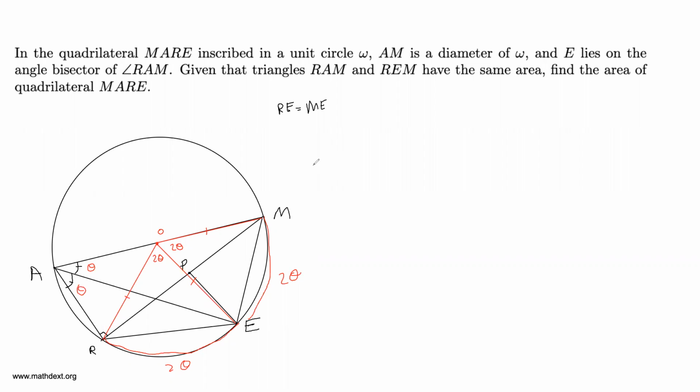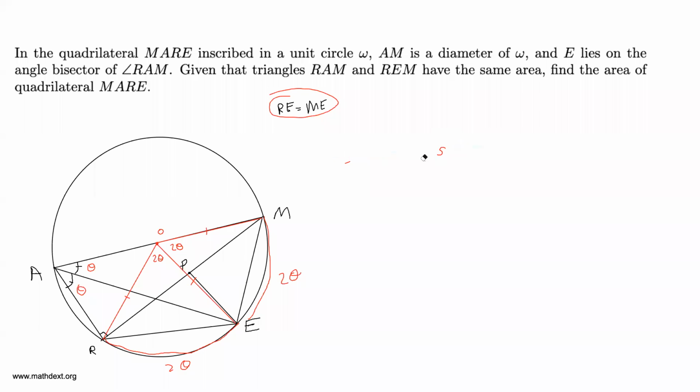And we have a pair of congruent triangles, right? Triangle ROE is congruent to triangle MOE, because of side-angle-side congruence. Therefore, RE is equal to ME, as desired.